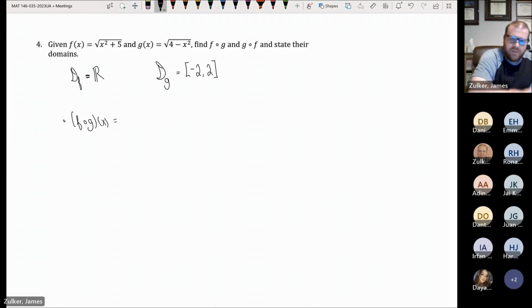f composite with g? f of g of x, so we want f of square root of 4 minus x squared.